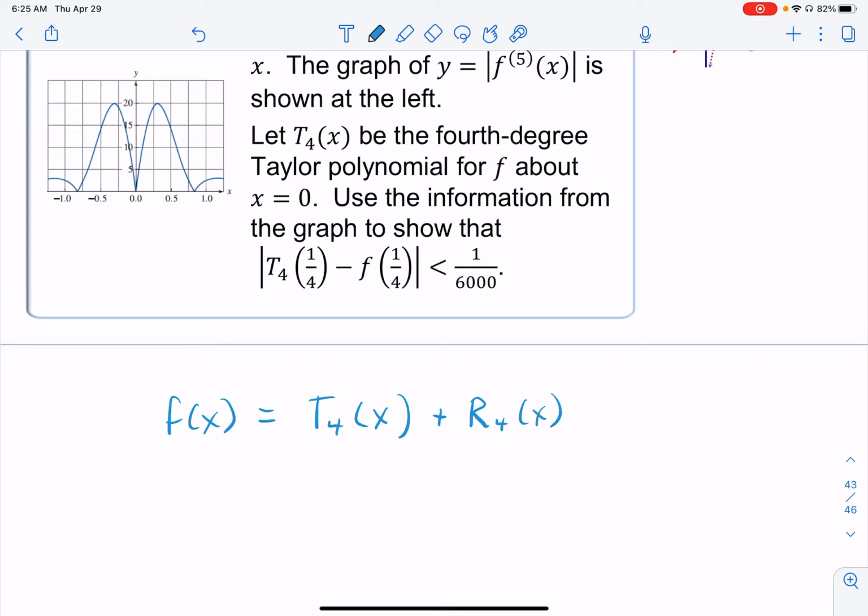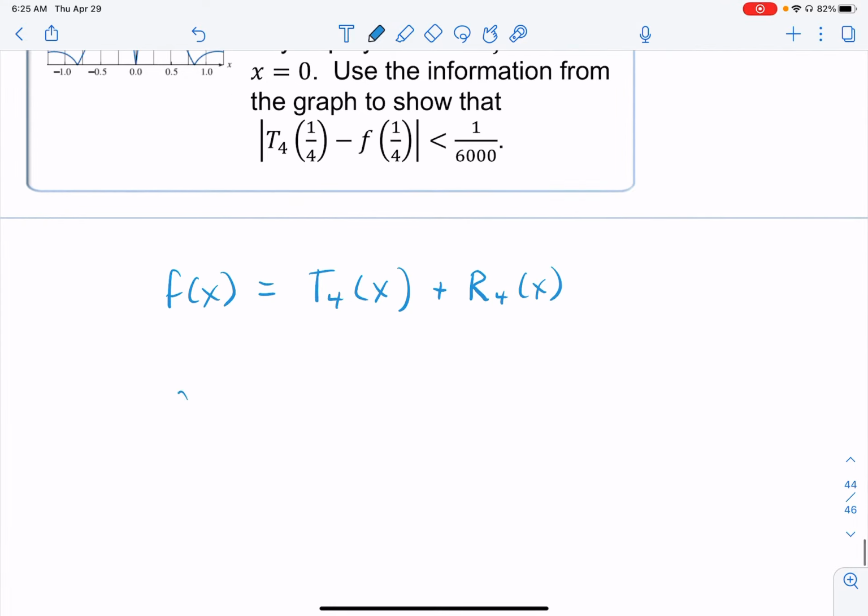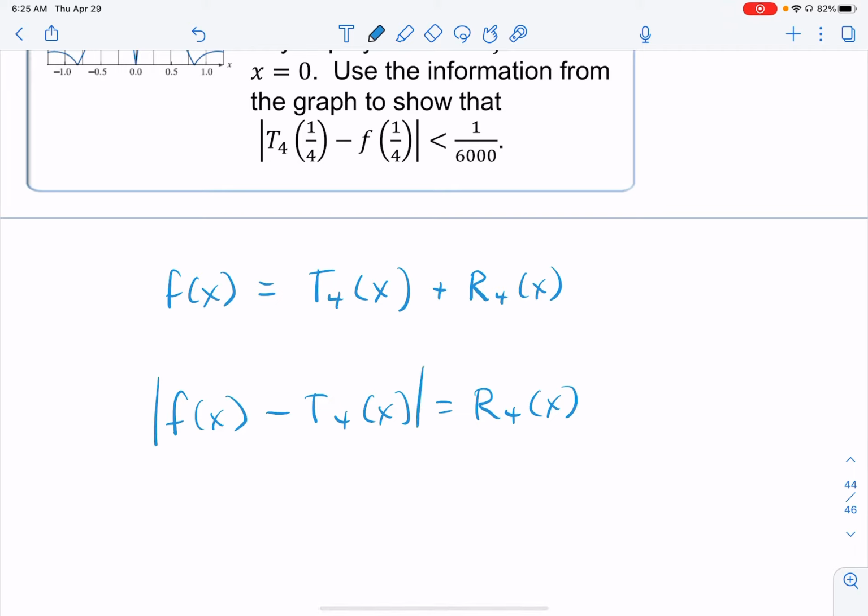Now if we solve this equation for the remainder, all we'd have to do is subtract our Taylor polynomial from our function, and we would get our remainder function. Now this could be positive, it could be negative, it just depends on which one of these things is bigger. So we take the absolute value of both sides, and that gives us the error.